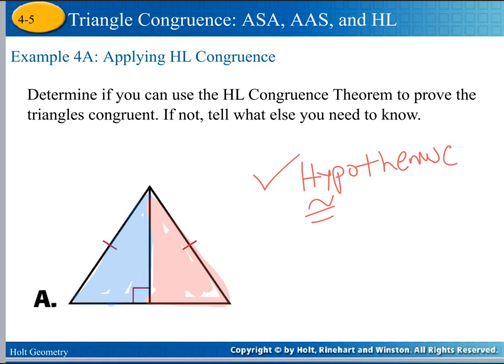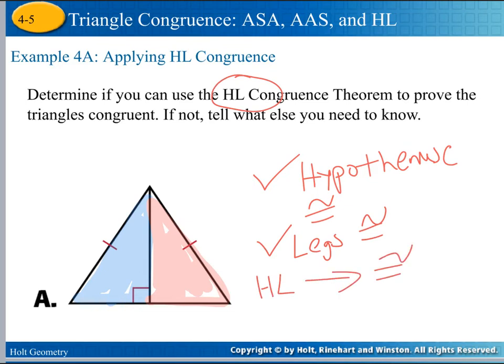So that side is congruent to itself by the reflexive property of congruence. And so I have the requirements that I need. We have a pair of legs that are congruent, and that's the requirement for hypotenuse leg congruence. So I could use hypotenuse leg to say that these two triangles are congruent.